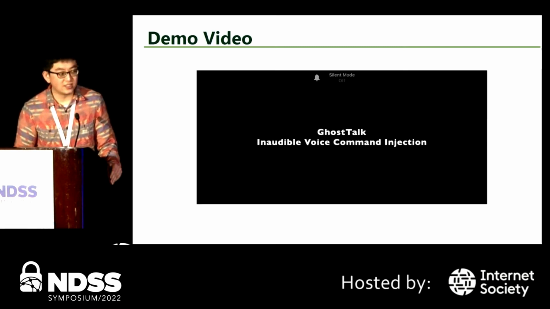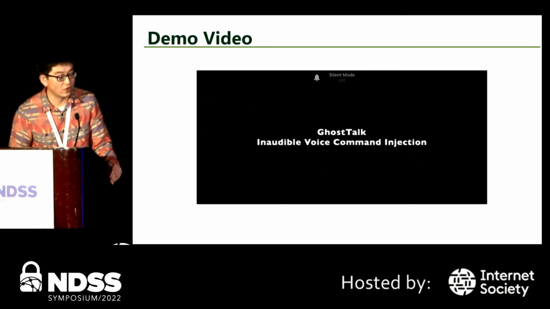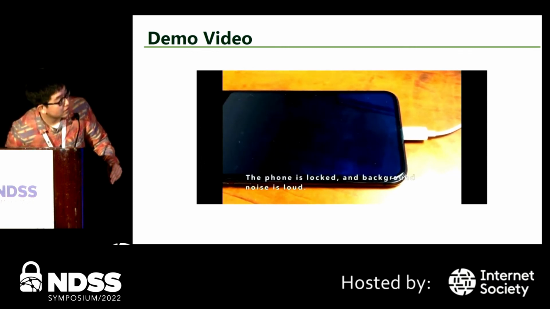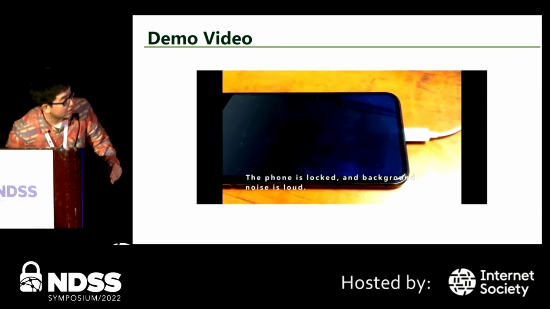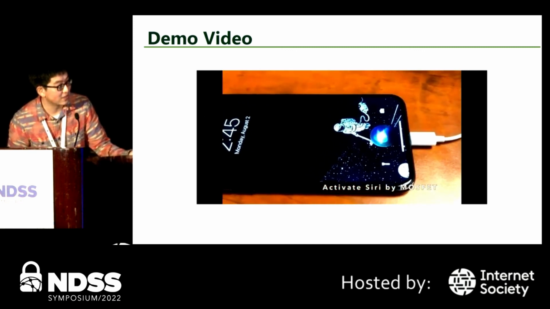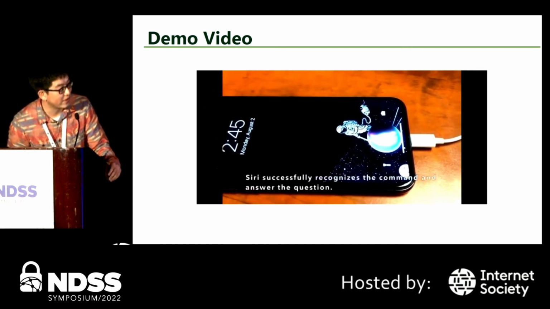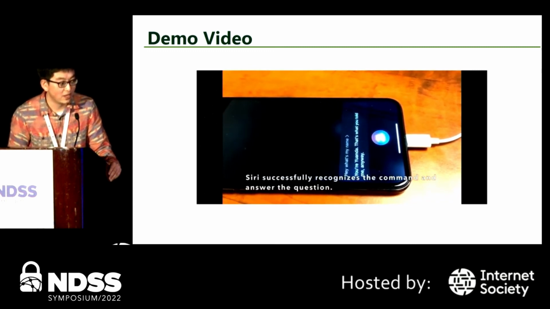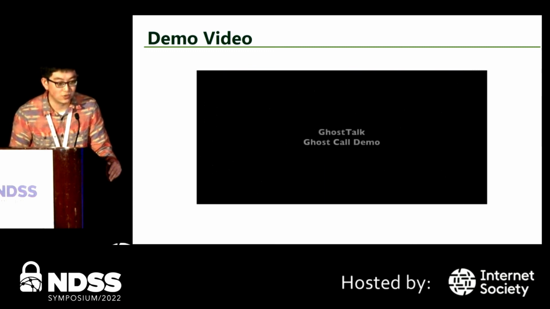And here is a short demo video of our attack. Sorry, we cannot play the audio, but in this part the background noise is very strong, and we can still inject some voice commands through the charging cable.